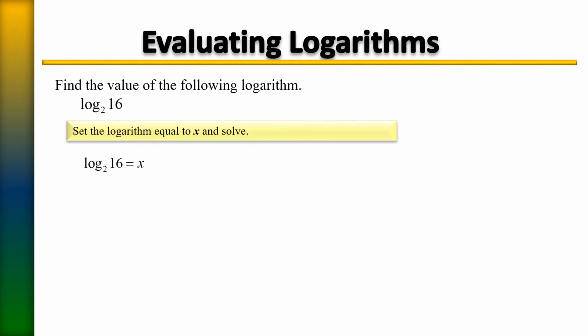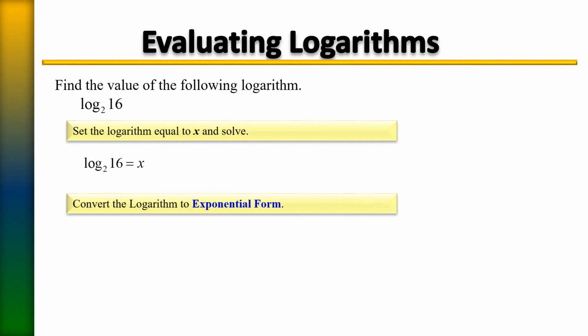Recall from the previous video that I told you about the snail pattern or the circle that's counterclockwise. So you would take the base and you would say 2 raised to the x power equals 16.